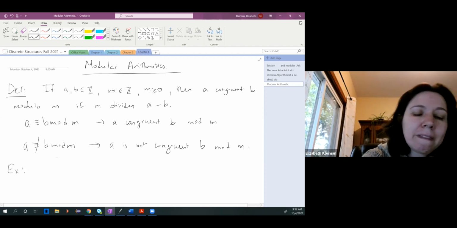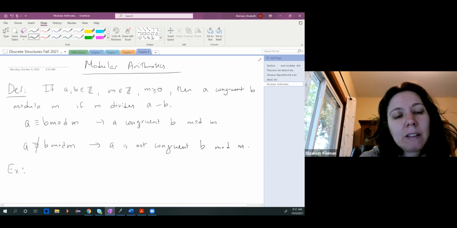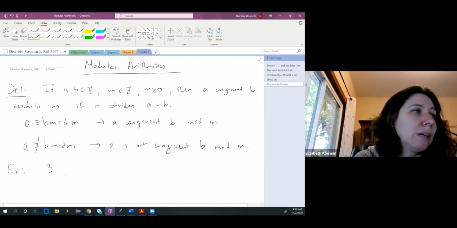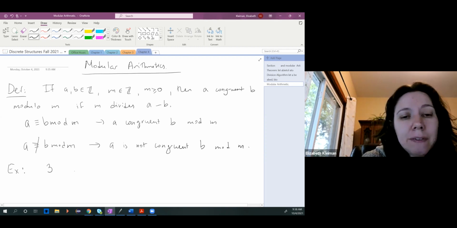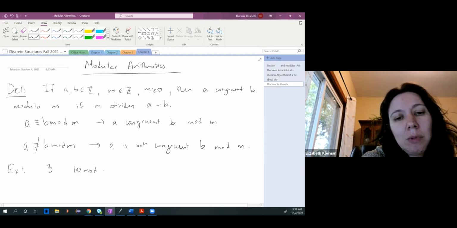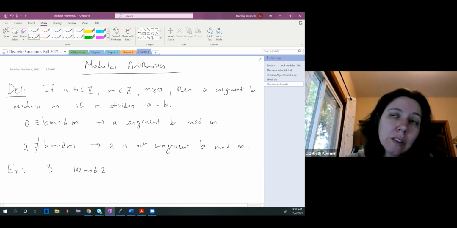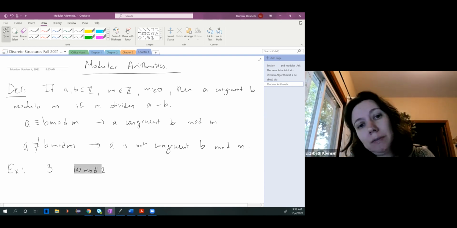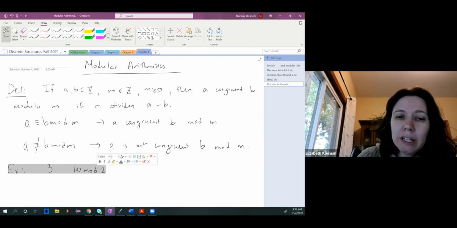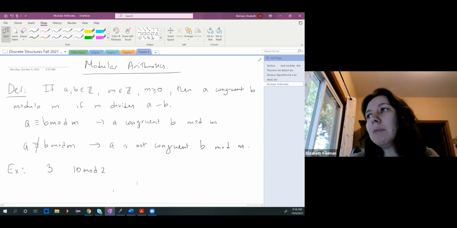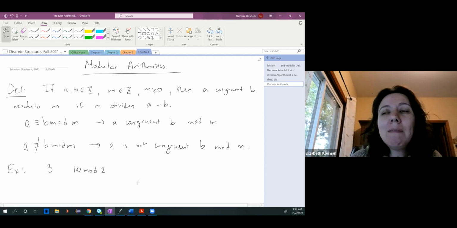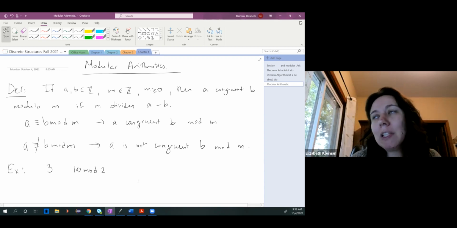Example. For example, we are comparing 3 and 10 mod 2. Are they congruent or not? Another way of thinking about the mod function is comparing the remainder. If the remainder is the same, then they're congruent to each other.